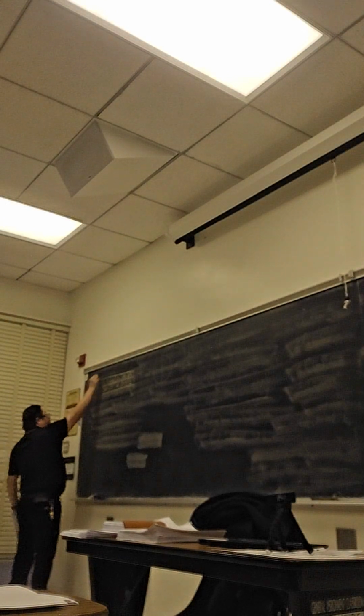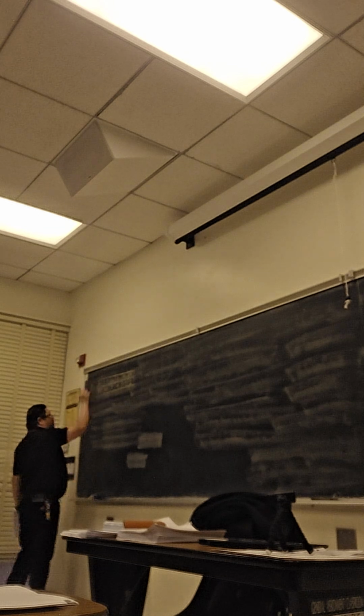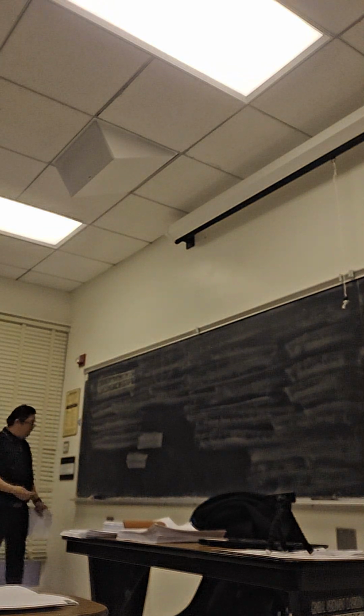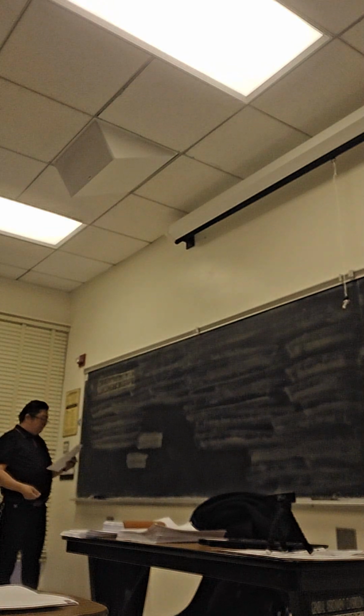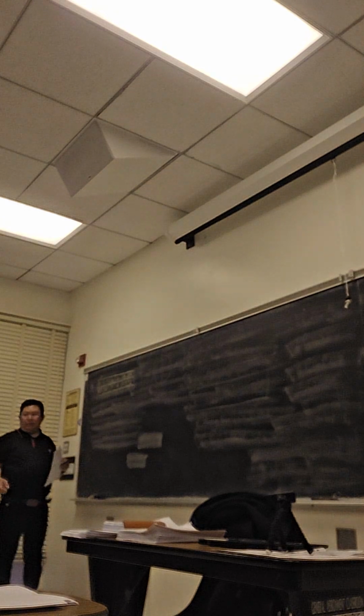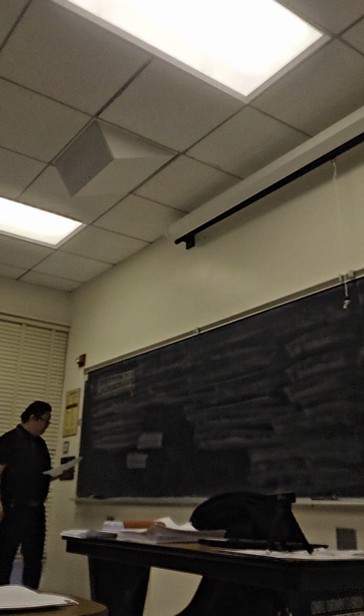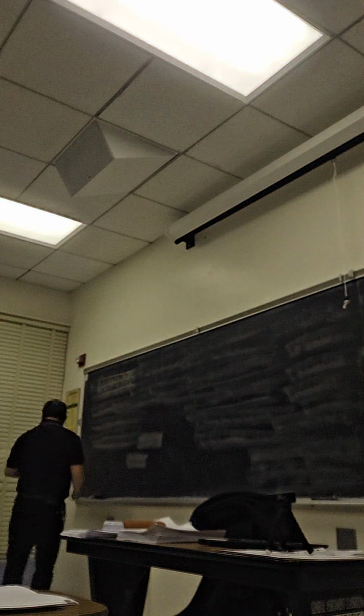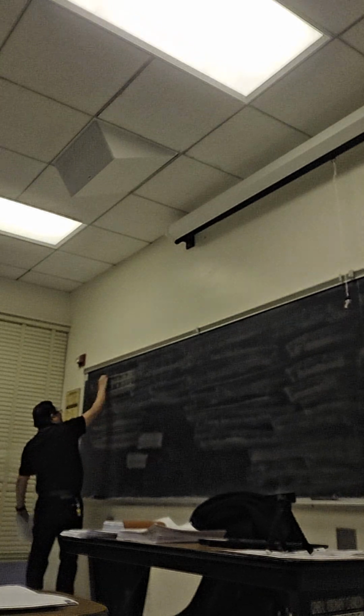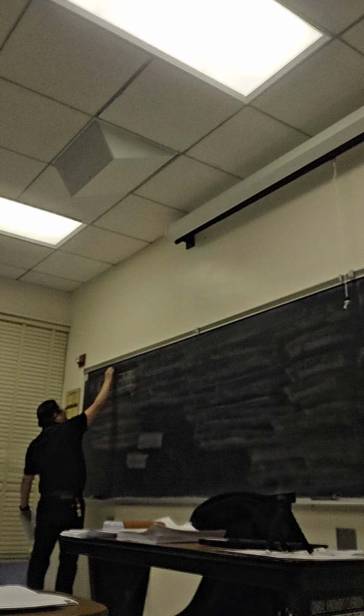So, write 30 right here. Okay. And what's next? Write Riemann sum. And then how many sub-intervals? 4 sub-intervals. So you're going to say from here to here.